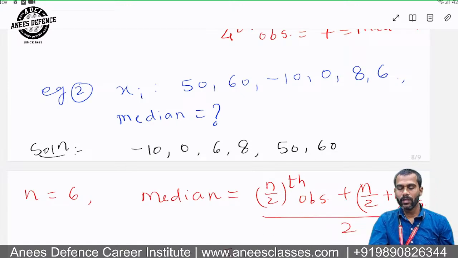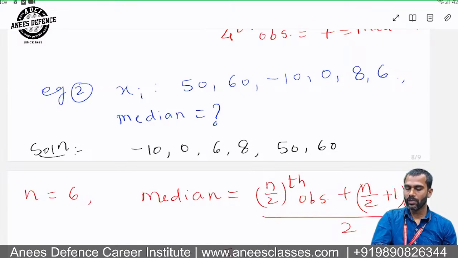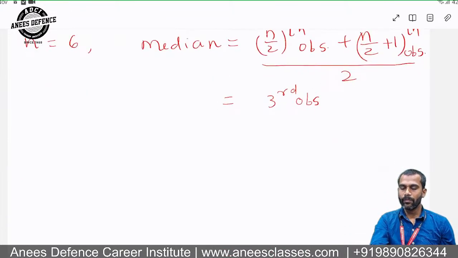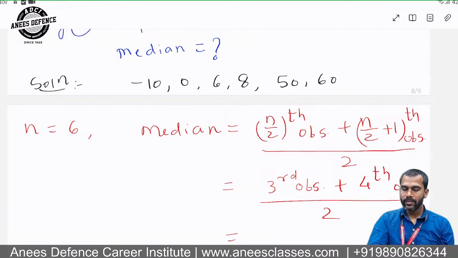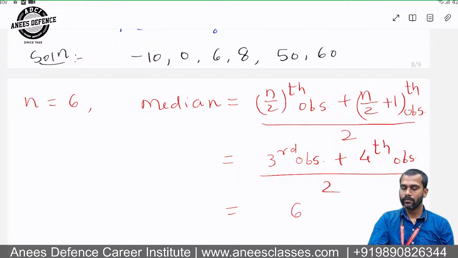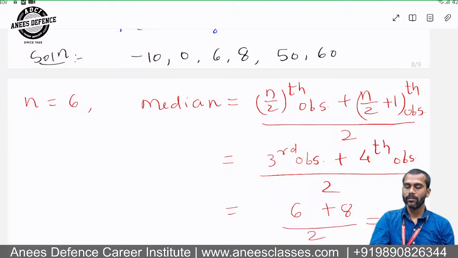So n is 6, 6 divided by 2 means the third observation plus the fourth observation divided by 2. What is the third observation? Third is 6 and fourth is 8. So 6 plus 8 divided by 2 is 7. Very easy.